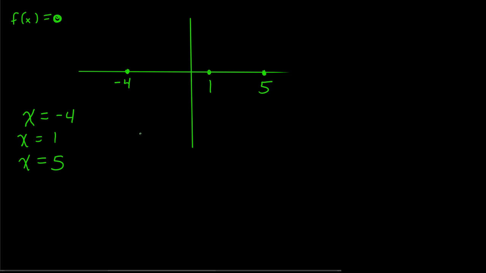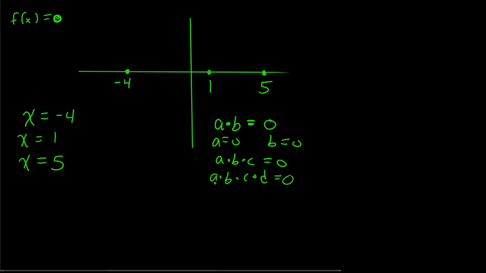Now remember, when I was doing the quadratics, we said, hey, if I have 2 things multiplied by each other equals 0, then I know the one equals 0 and the other equals 0. And I know I went up to the board and said, hey, that's going to be the same if I have 3 things, or if I have 4 things, on and on. If I have each of these equal to 0, I can look at these factors and I will have a solution for the factors.